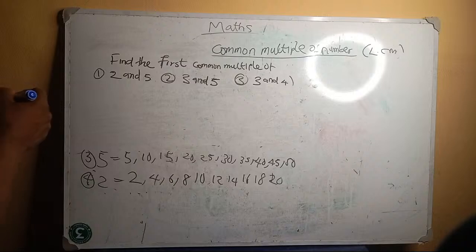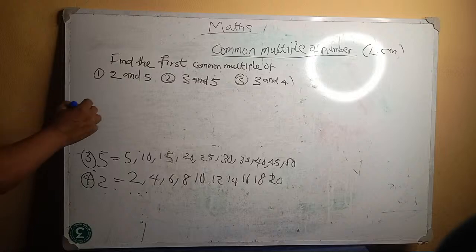So now to find the first common multiples of 2 and 5, number one.